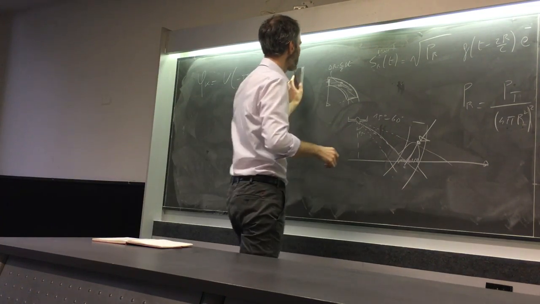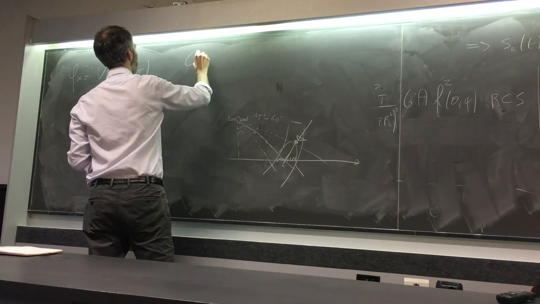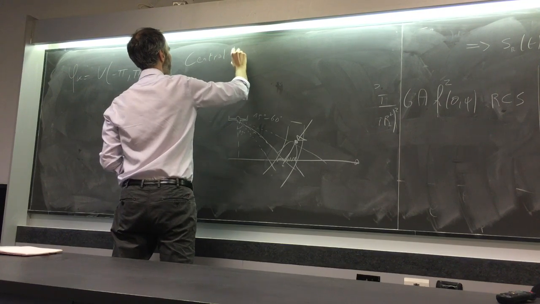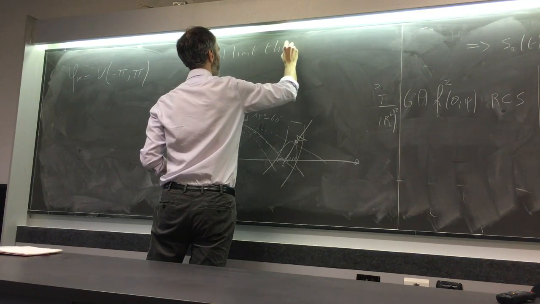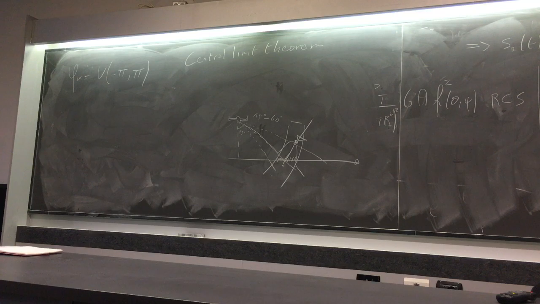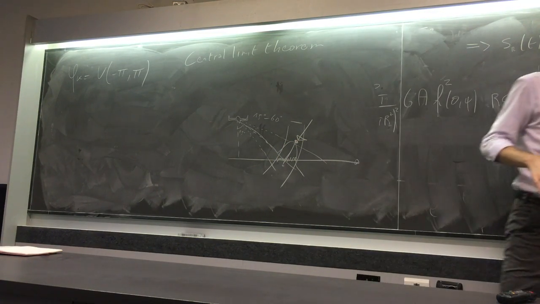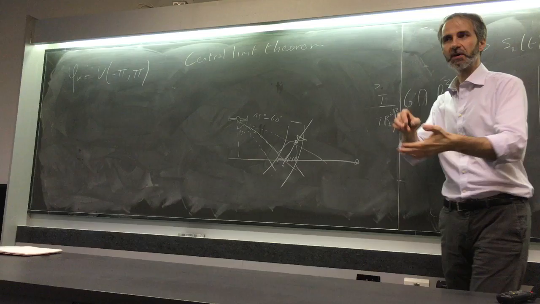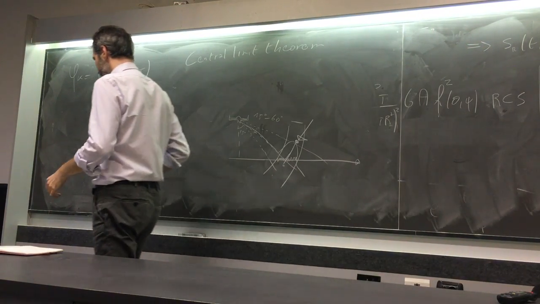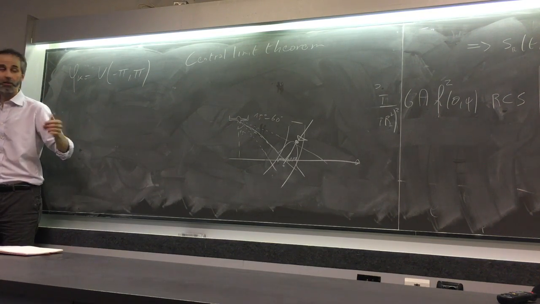So the keyword here is the central limit theorem, which says that if you have a random variable which is obtained as the sum of a number of other random variables, independent, and this is surely the case because the position of each stone is independent of the other, then this variable tends to be distributed as a Gaussian variable.